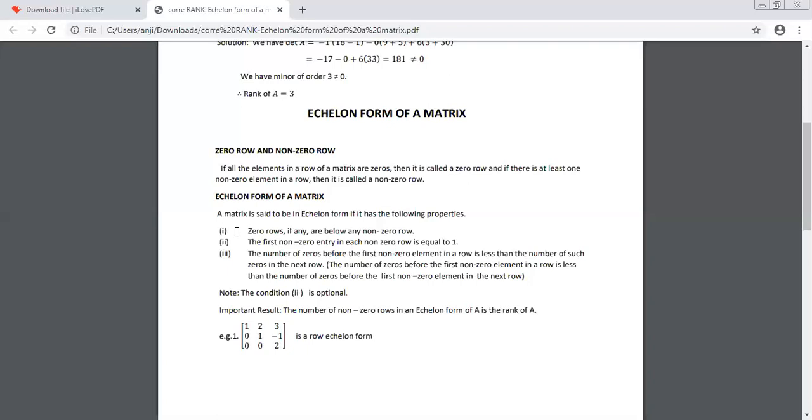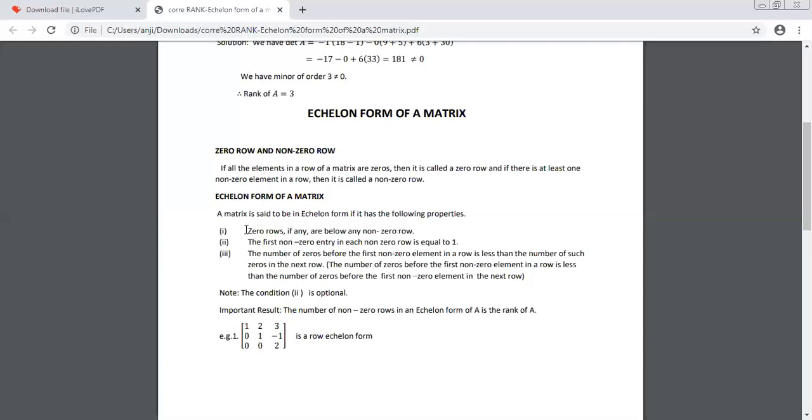The first condition is that zero rows, if any, are below any non-zero row. The second condition is that the first non-zero element in each non-zero row is equal to 1. The third condition is that the number of zeros before the first non-zero element in a row is less than the number of such zeros in the next row.